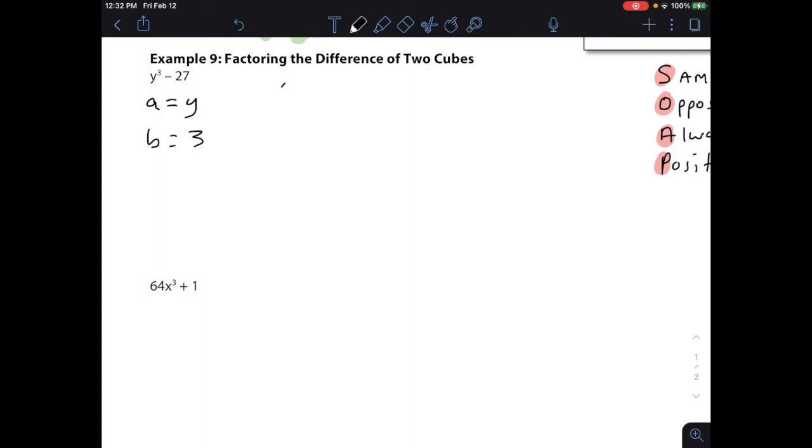And then if we just write down our general form, we have A, B, I'll get it right this time, A squared, AB, B squared. And if we think same, opposite, always positive, the same sign would be a negative sign or a minus sign. The opposite would be a plus sign, and then always positive is, well, that's positive.